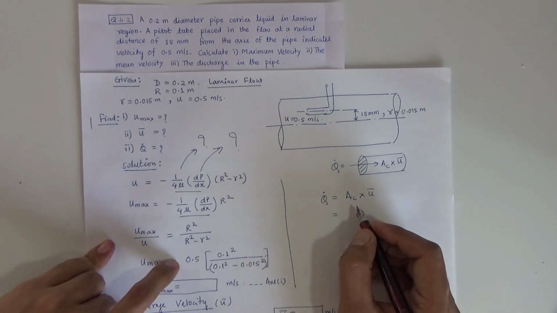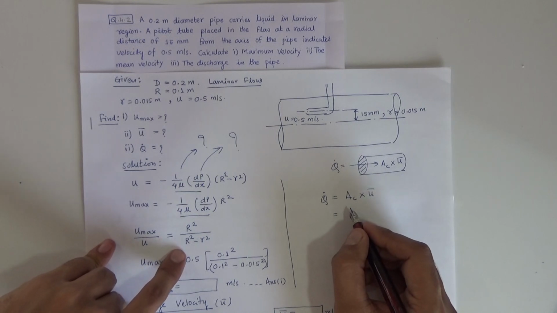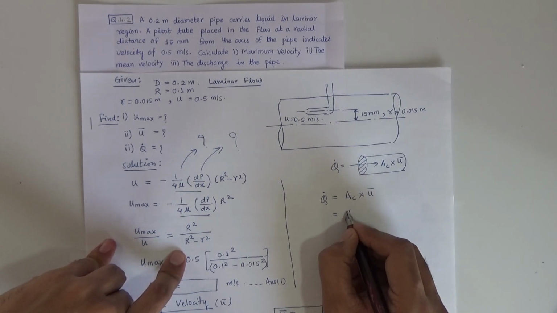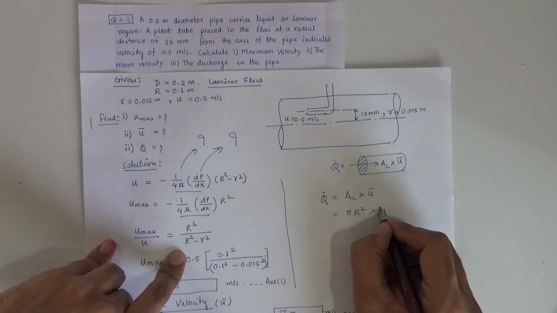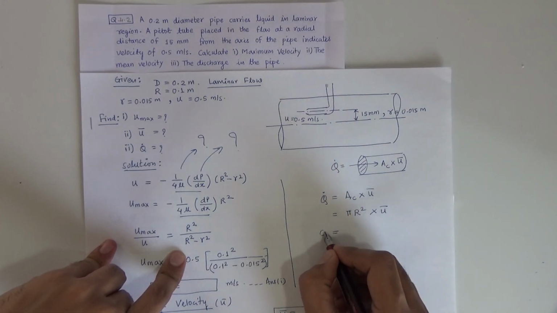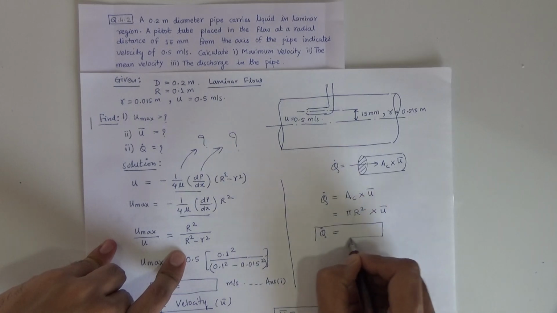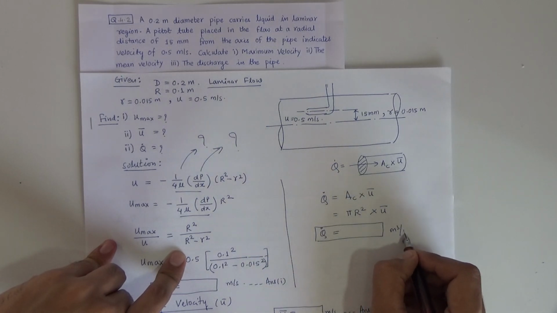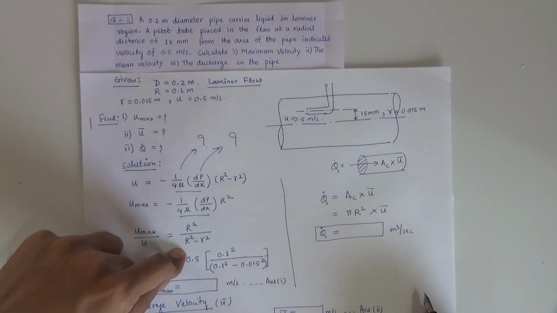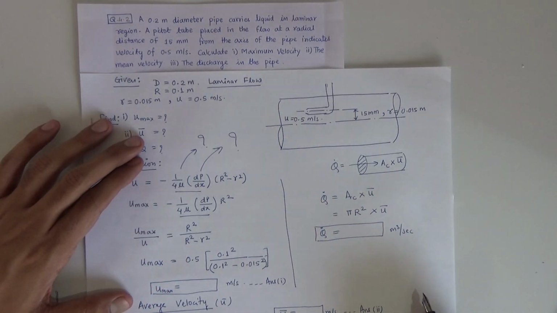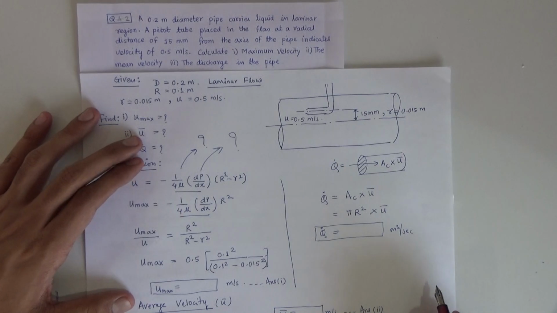Here area of cross section you can take pi r square or pi by 4 d square as you wish. Pi r square into u bar, you have the values, so you put these values and you can get the discharge. That will be in meter cube per second. SI unit of the discharge is meter cube per second. You can divide that with 1000, you will get liter per second.